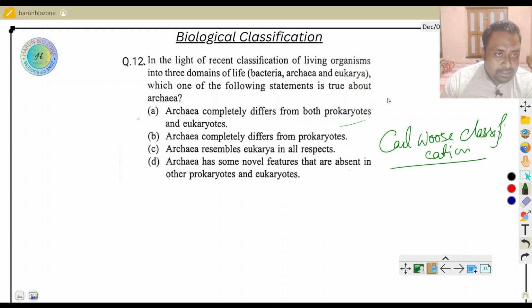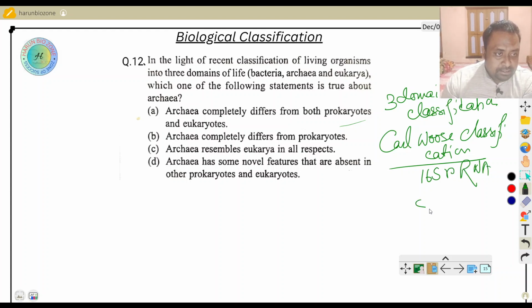The three domain system of classification is fully based on 16S ribosomal RNA sequence. Okay, here all organisms are divided into bacteria, archaea and eukarya.